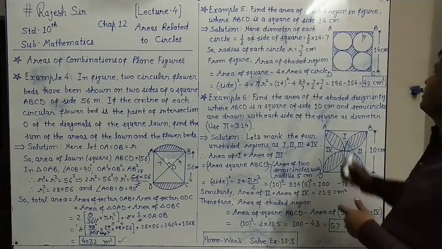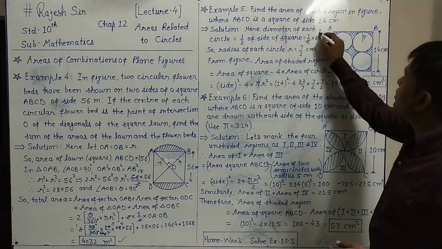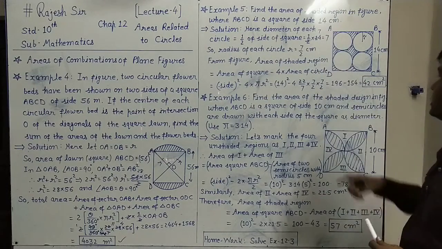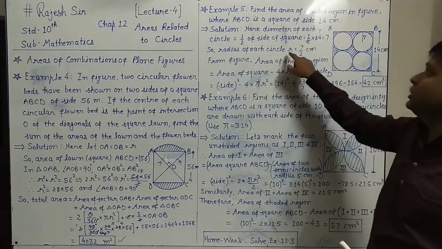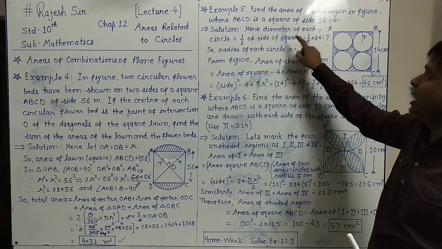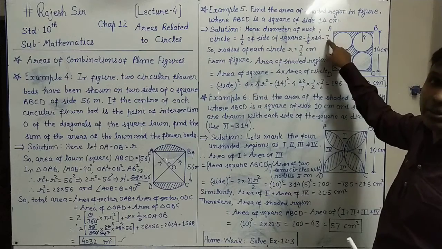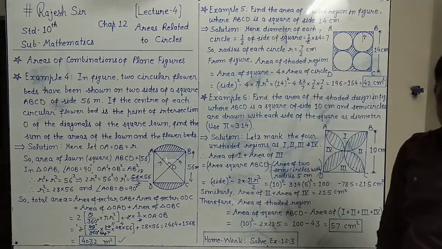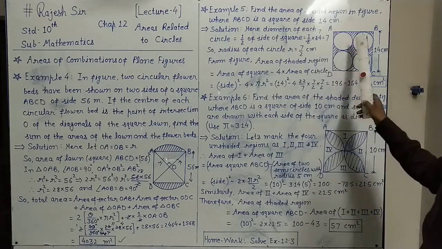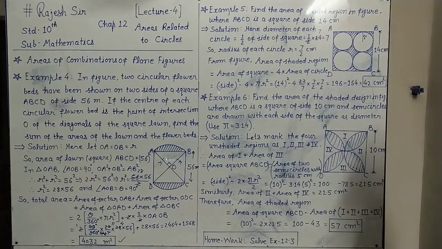Half of 14, we can cancel by 2, 7s are, so it is 7. So 7 is the diameter. Therefore the radius of each circle will be r equals half of the diameter. Half of the diameter 7 is 7 by 2. So the radius of each circle is 7 by 2 centimeter.